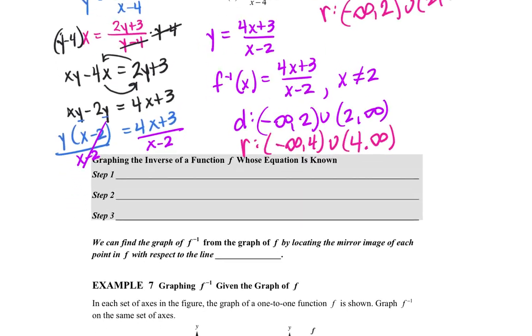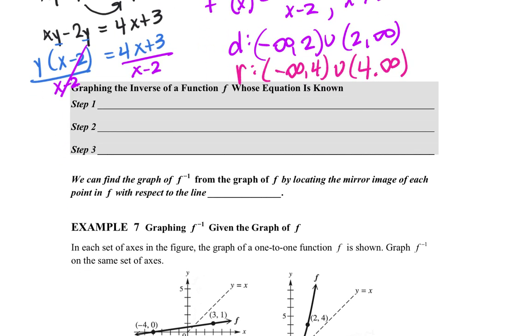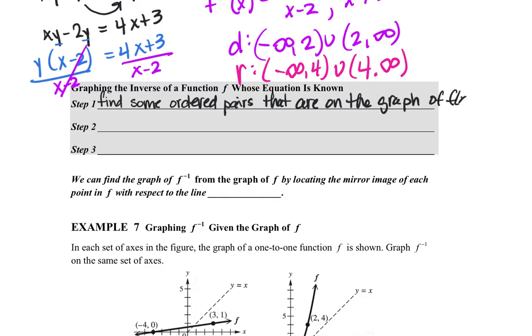So, graphing the inverse of a function whose equation is known. All right, so step 1, find some ordered pairs that are on the graph of your function, f of x.